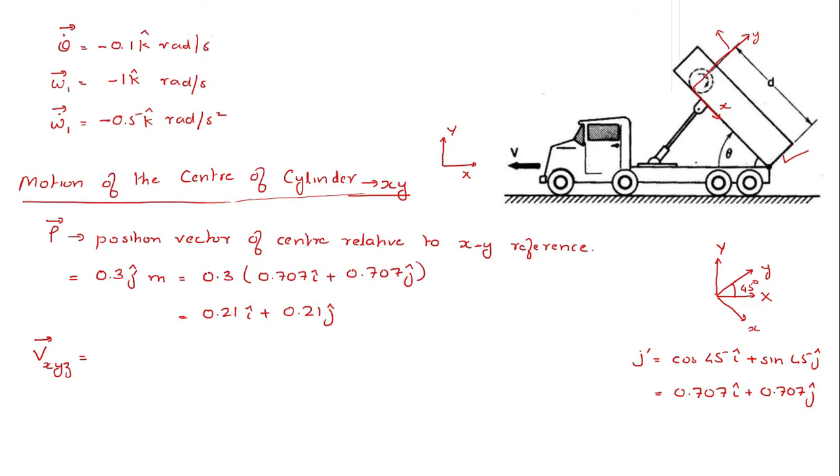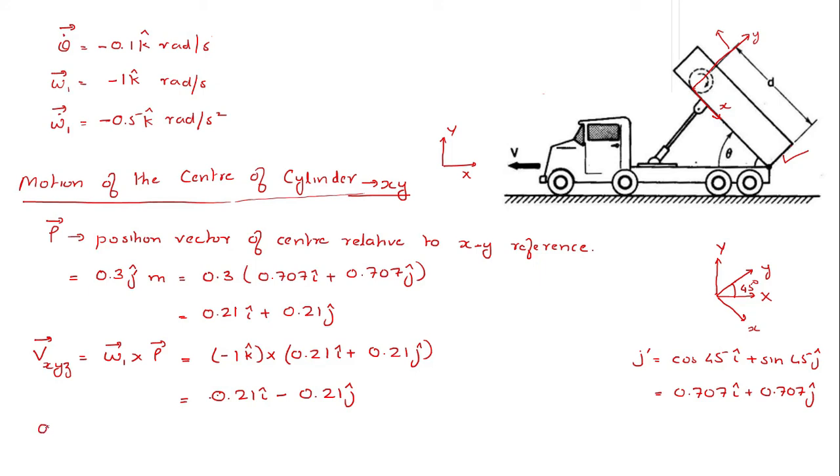So I can express the velocity with respect to the secondary reference frame small x small y as omega 1 vector cross rho vector, which will be equal to minus 1 k cap cross 0.21 i cap plus 0.21 j cap. If you solve this, you will get 0.21 i cap minus 0.21 j cap.